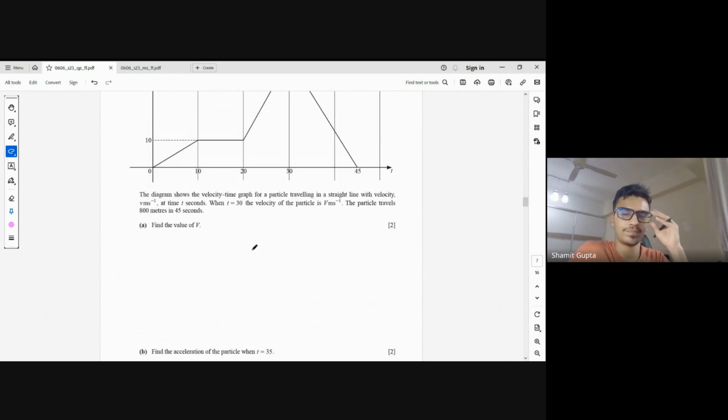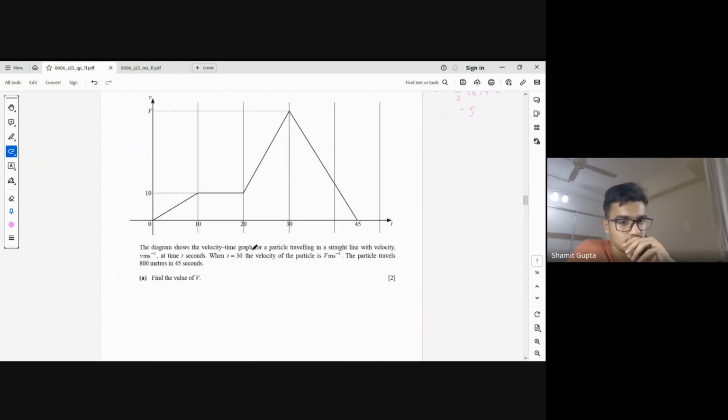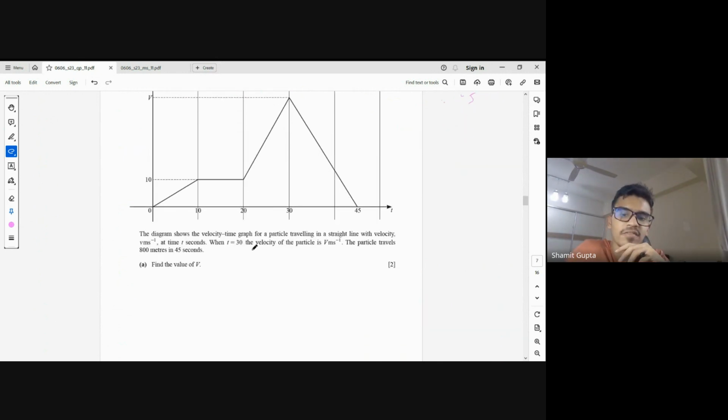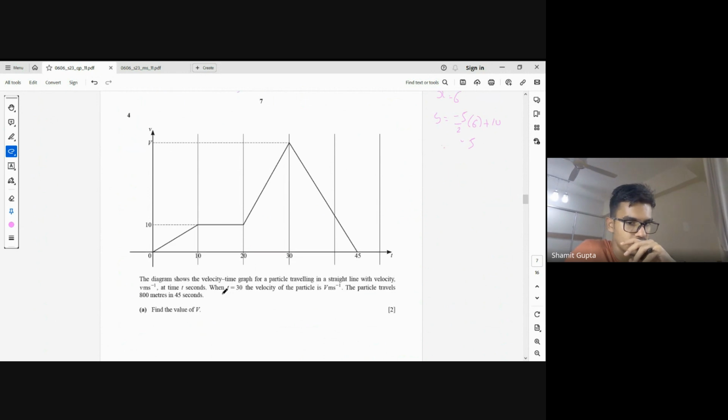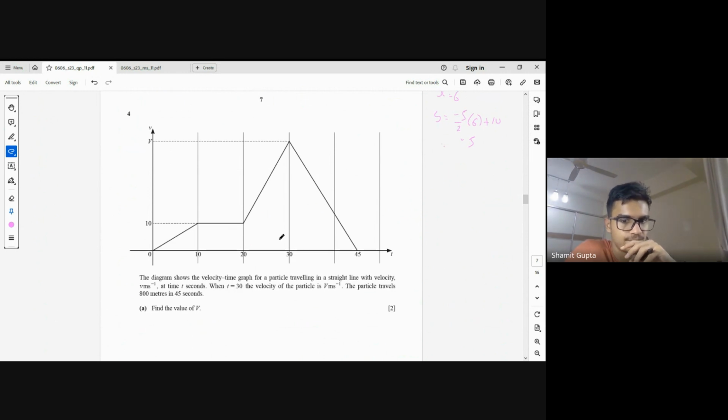Okay. The diagram shows the velocity time graph for a particle traveling in a straight line with velocity v meters per second. When t is equal to 30, the velocity is v. The particle travels 800 meters in 45 seconds.